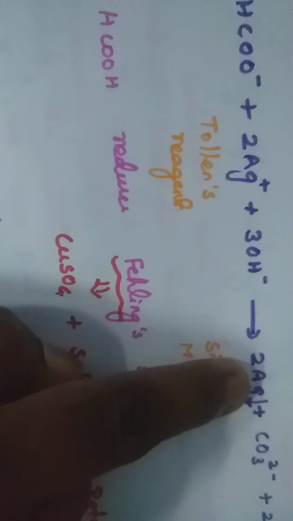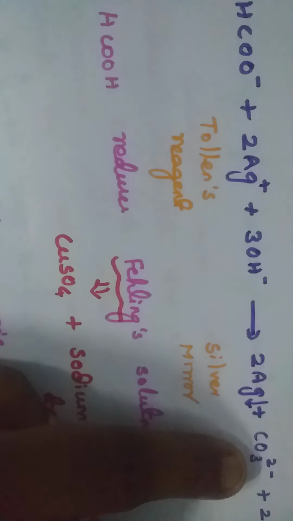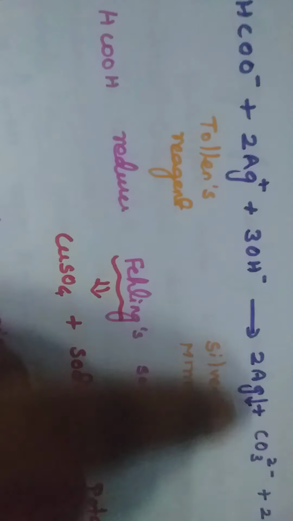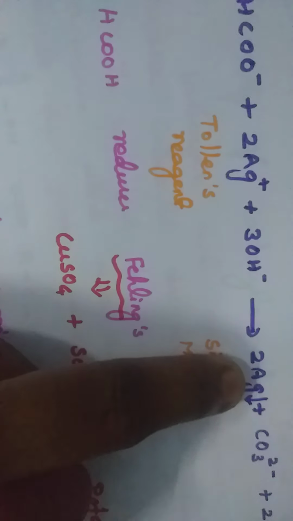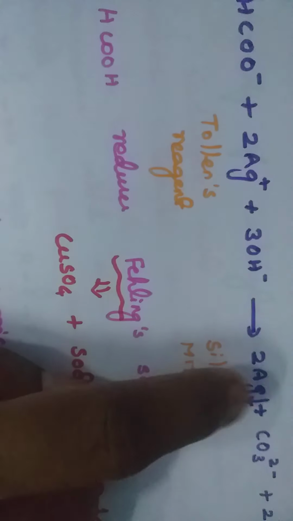That means Ag+ is reduced to silver and HCOO- is oxidized to CO3 2- with the removal of water. Itself gets oxidized and the Tollens reagent gets reduced. So Tollens reagent is reduced to a silver mirror.